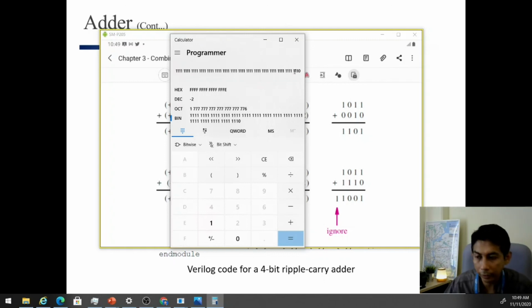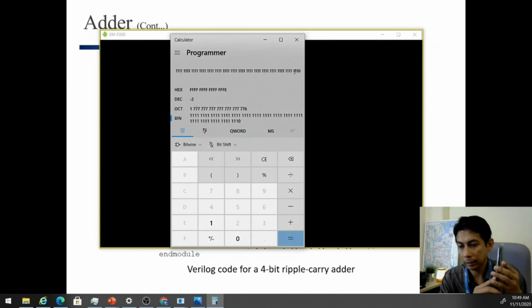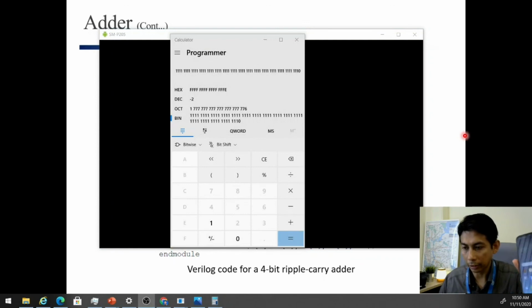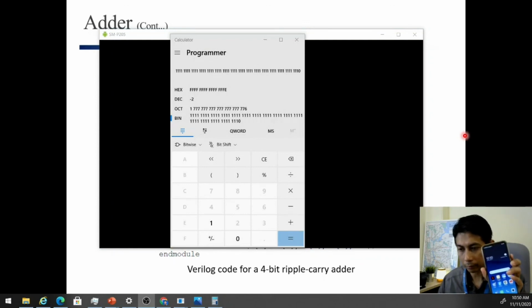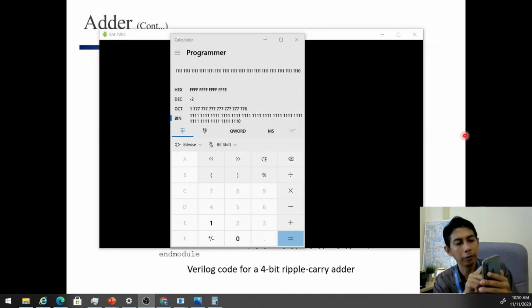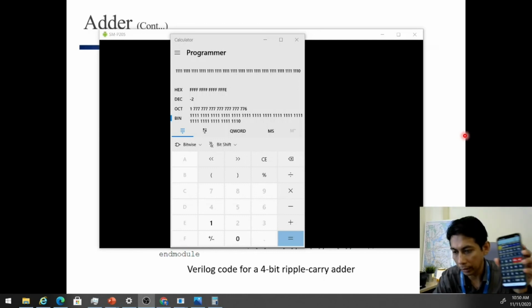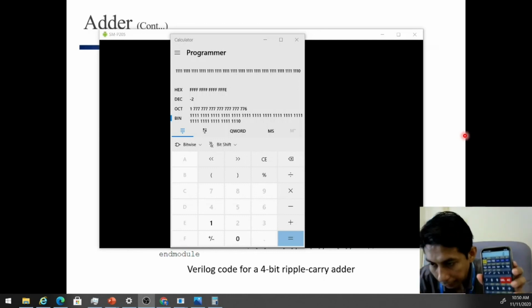If you have a calculator, for example, this is my calculator, on my phone actually. I have an app for the scientific calculator. If you have a Casio scientific calculator, you can use that.